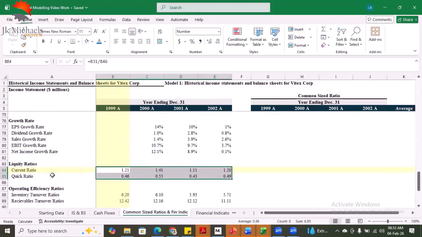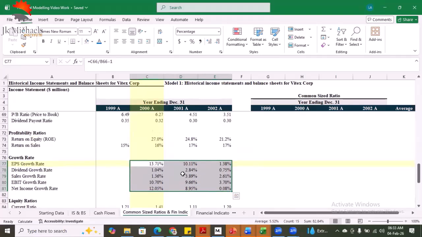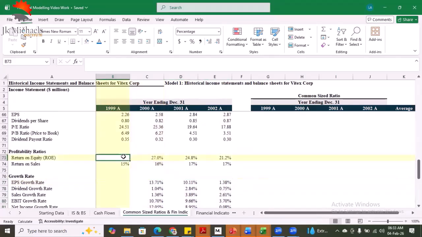And then current ratio, which is 1.2 to 1, which is 0.4 to 1. That's the ratio. And then for the rest, I think growth rates usually expressed as, okay, I'm just setting it up to 2 decimal places, which is how I'm more comfortable with my numbers.